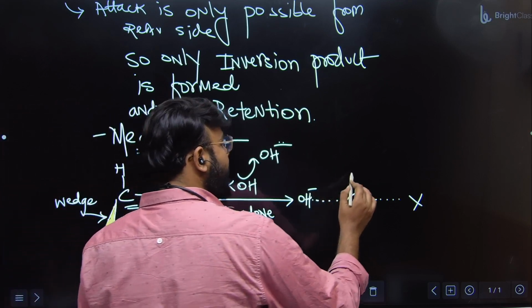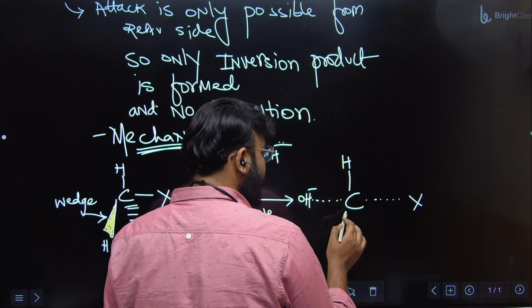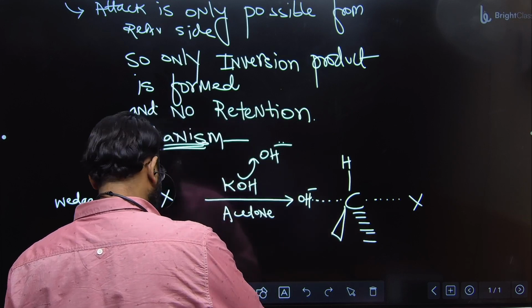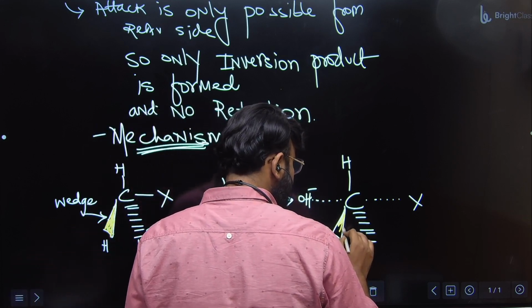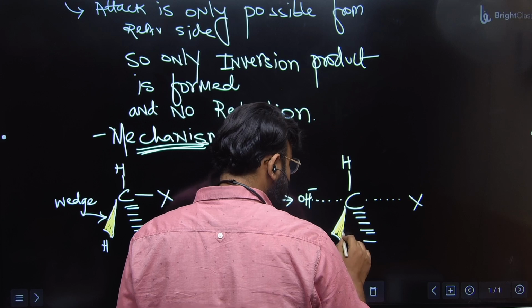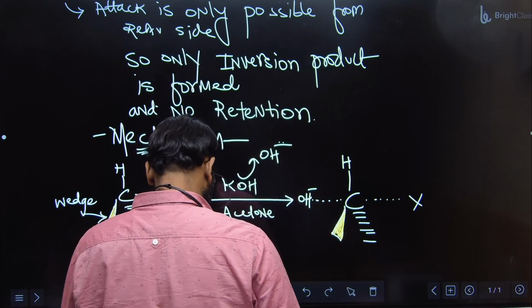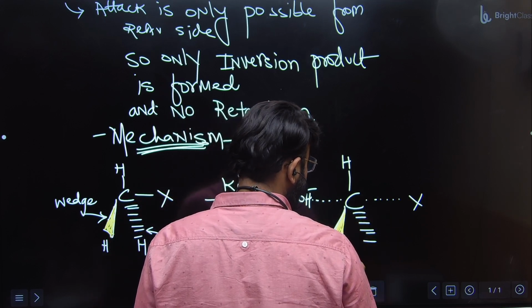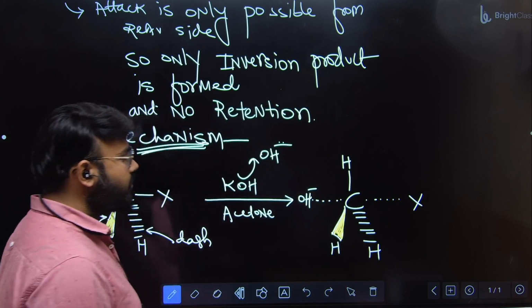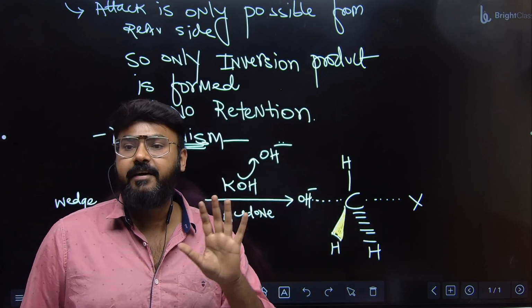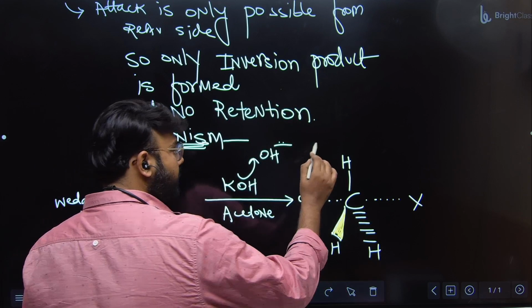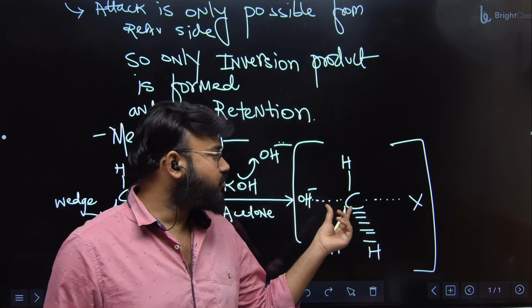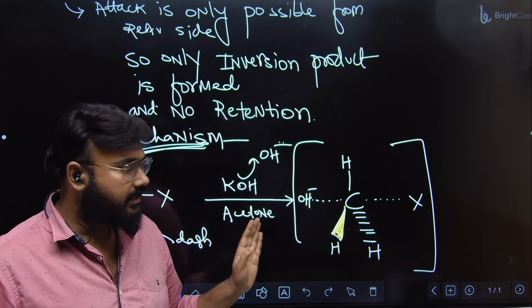Okay. So at this point of time, it may look like the carbon has 5 bonds, but it's not true because it is a transition phase. It just shows two things at one time simultaneously.